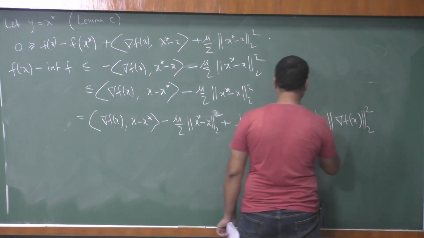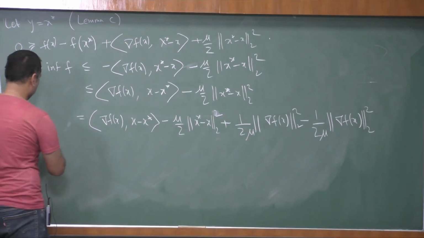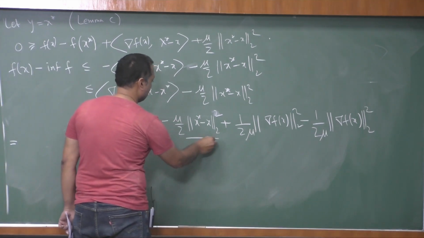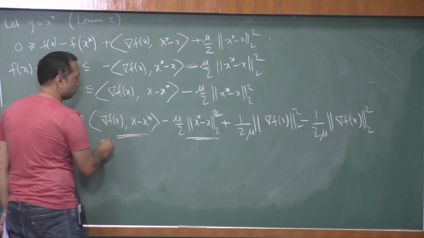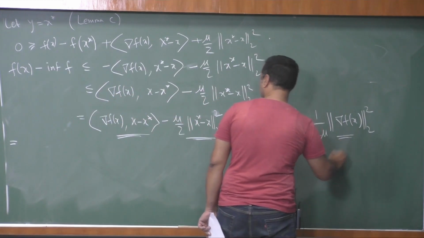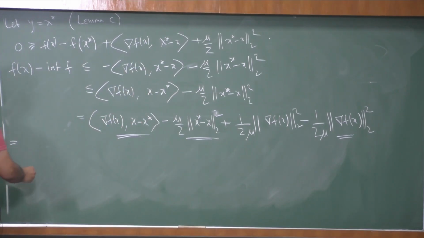So the question is, where do I fit this negative 1 by 2 mu grad f x? Where should I fit that, right? So I have a feeling that it might get into the form a square b square. So I see this term as a square type, kind of 2ab type, and this is like a b square type. Okay, so I will put them together for the moment, and then do further simplification.